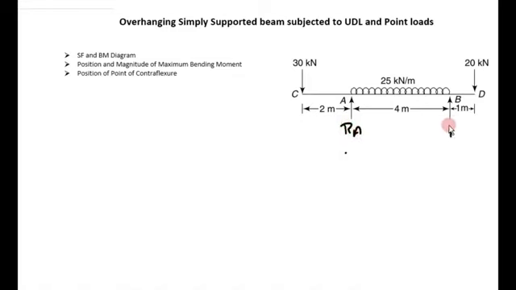This is RA, RB. To calculate RA and RB, apply the equilibrium conditions and assume that upward forces are positive and downward forces are negative, clockwise moments are positive and anti-clockwise moments are negative. The first equilibrium condition is that the sum of all vertical forces is 0. The 30 kilonewton force acts downward, so it is negative.